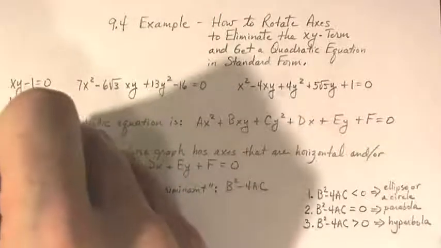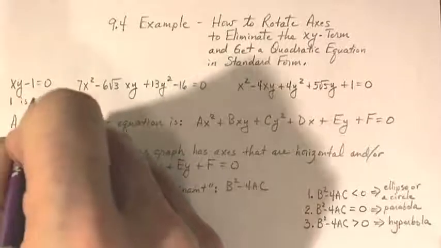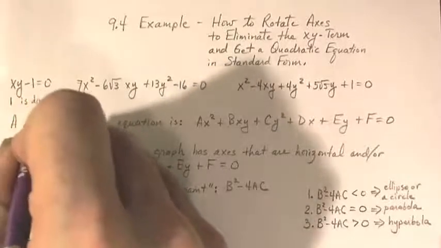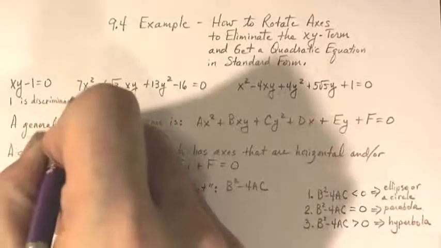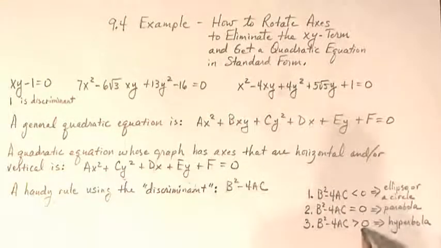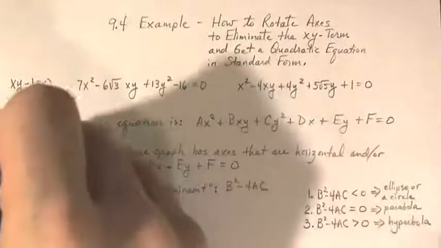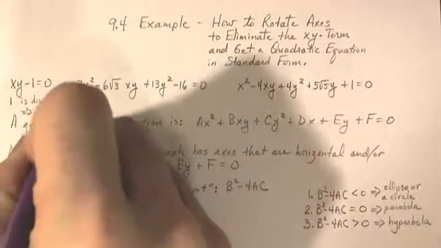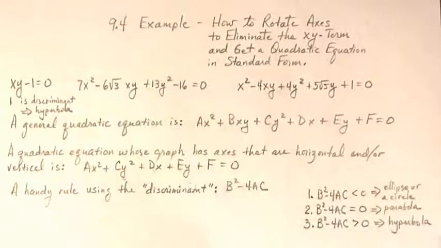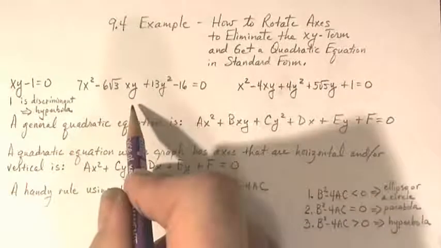So we're just getting 1 is the discriminant. But it is positive, so this is implying a hyperbola.